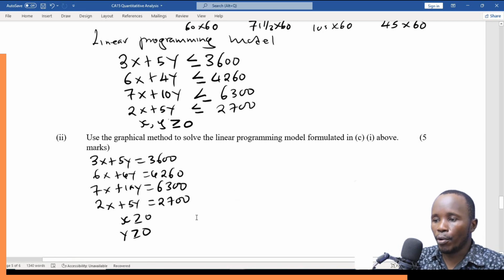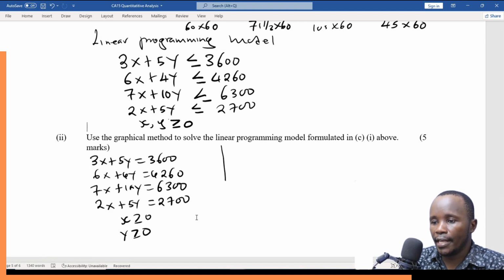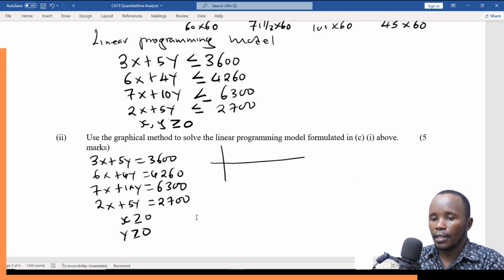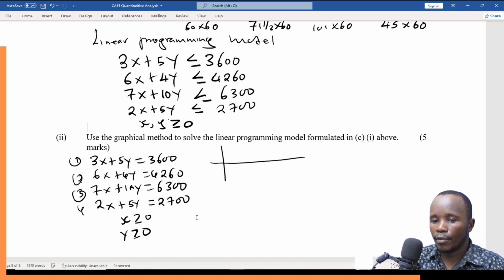Now, we also have x is greater or equals to 0 and y is greater or equals to 0. How do you end up plotting this kind of a graph? You have to create a table and get the x and y intercept in each case. Let me call these 1, 2, 3, 4.